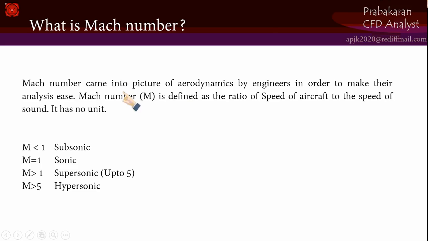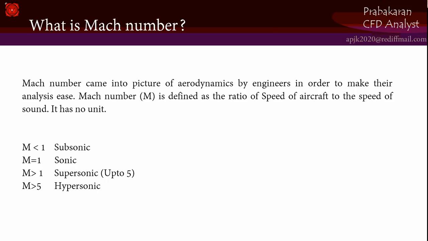Mach number is also a non-dimensional number. For an aircraft, it is the velocity of the aircraft divided by the velocity of sound at that altitude. Okay, Mach number below 1 is subsonic, near 1 is the sonic case, and near 1 we will also call it transonic.